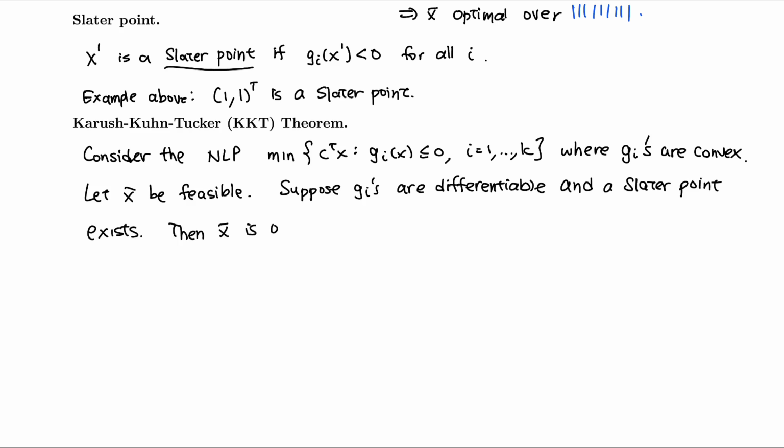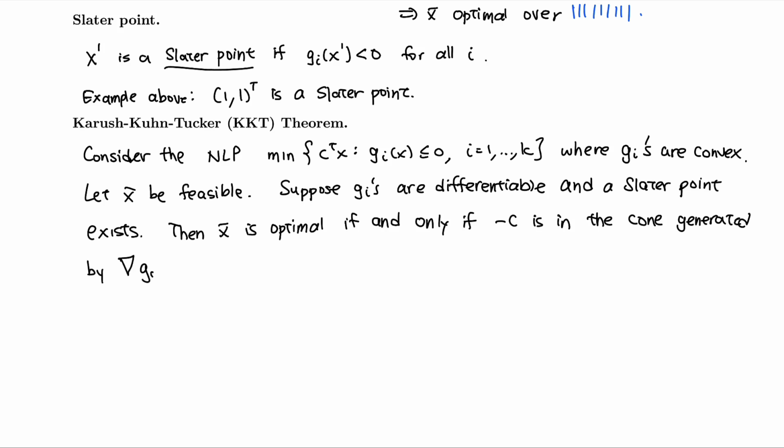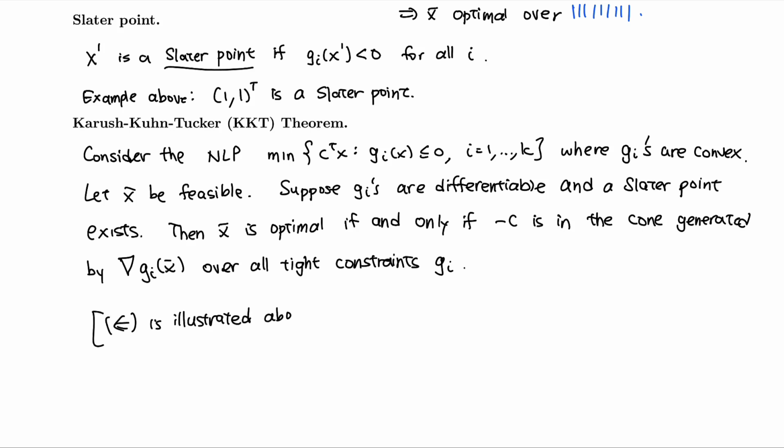Then, x bar is optimal if and only if minus c is in the cone generated by the gradients of gi of x bar over all tight constraints gi. The backwards direction is illustrated in the example above, and the forward direction is much harder to prove, and we will not prove it here.